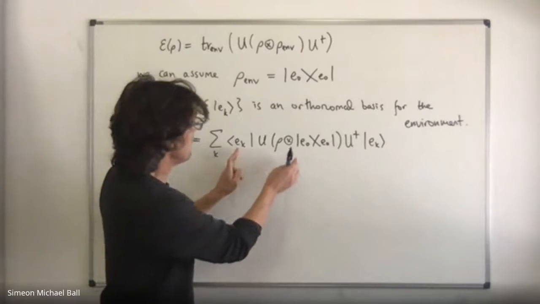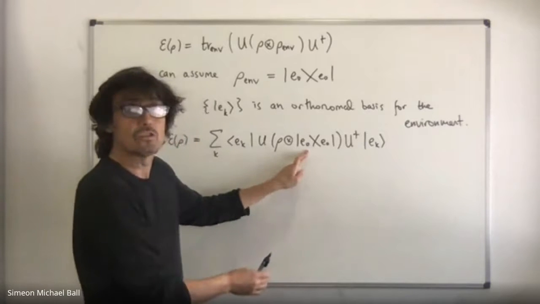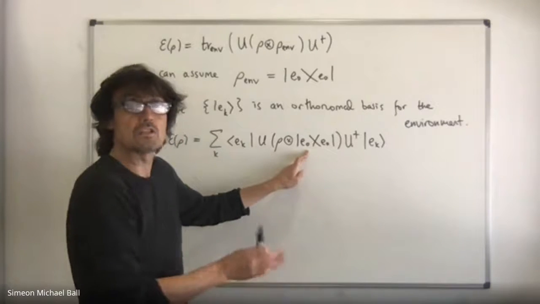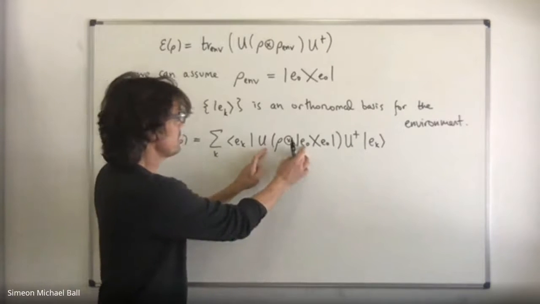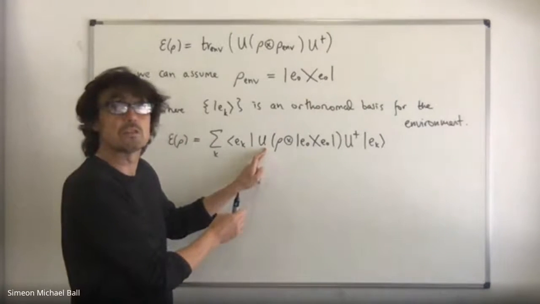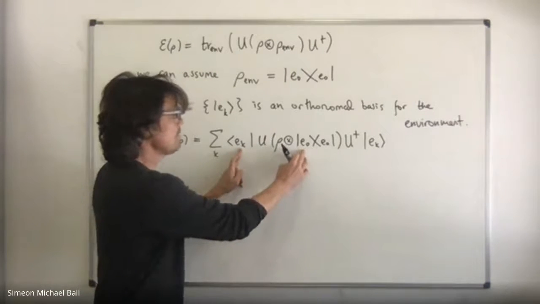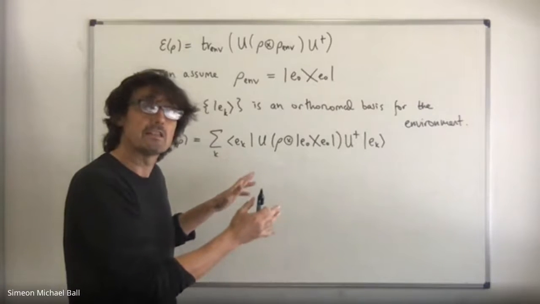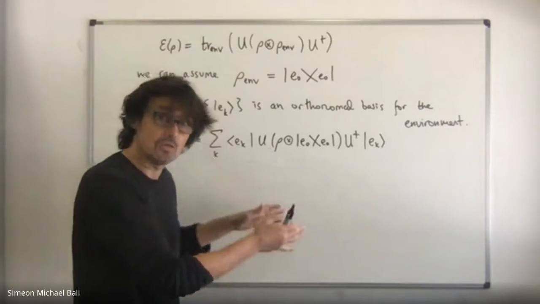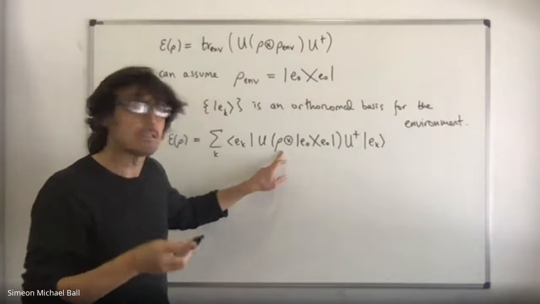So what we have here is this E_k U E0, which, as we saw before in the last example, since these are both on the environment and U is on both systems, after pre-multiplying by the E_k and post-multiplying by the E0, this will be an operator then on the initial system, the system on which rho is defined.